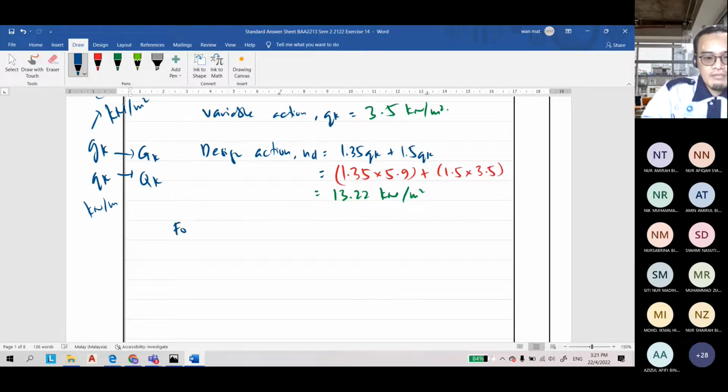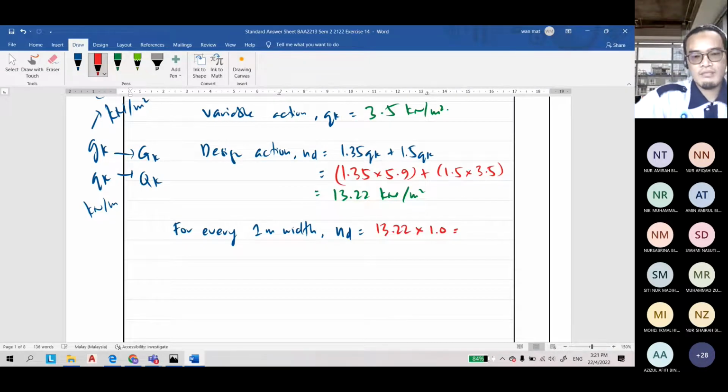For every 1 meter width of the slab, nd is equal to 13.22 times 1 meter. So the answer is still similar, 13.22 kilonewton. Now the unit is per meter because it's 1 meter, so you cancel out the other unit meter here.